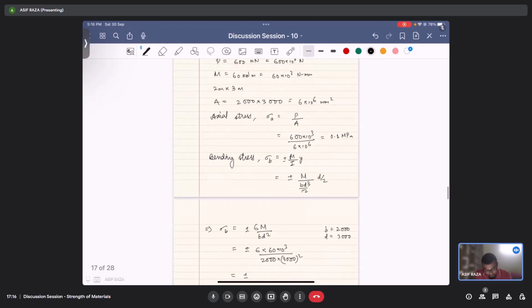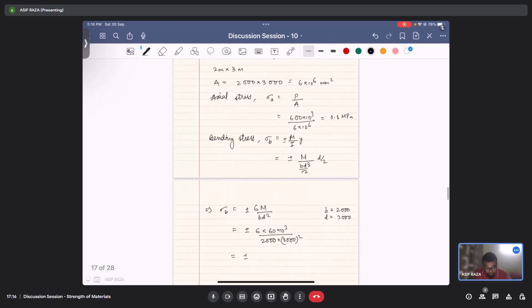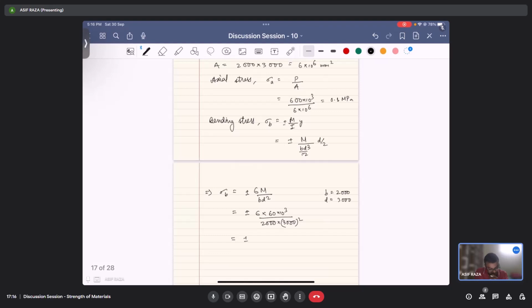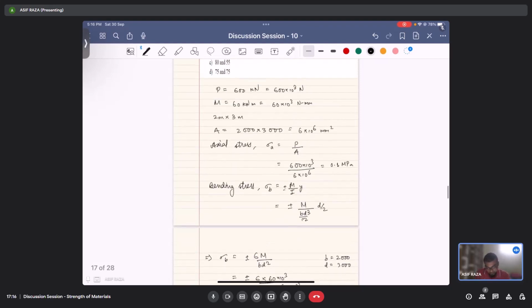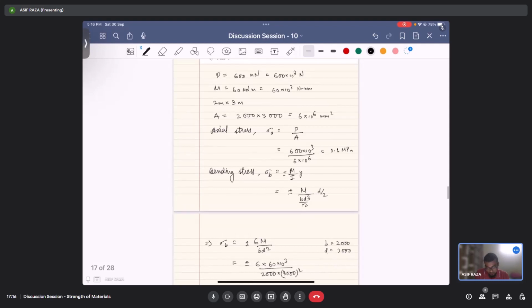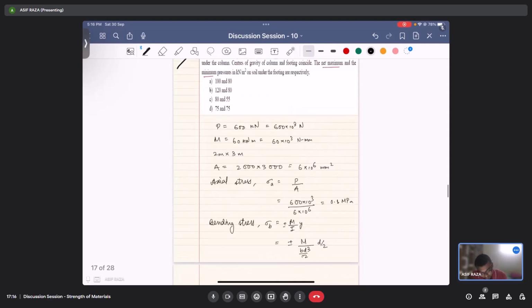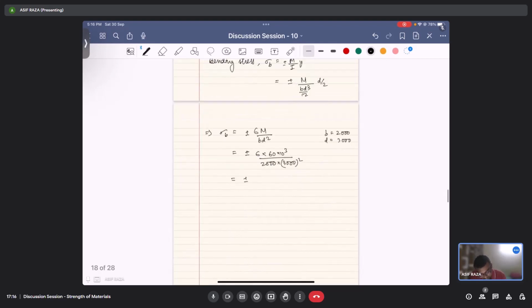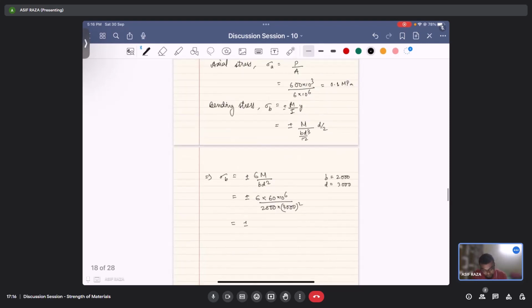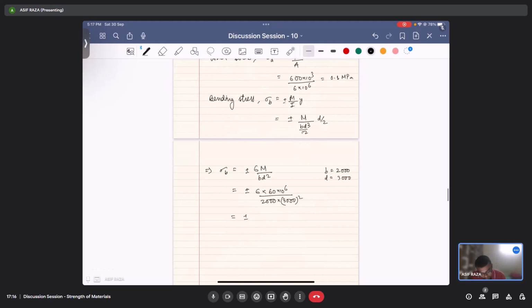So this is, okay. Yes, then, okay, this is 10 power 6, 10 power 6, and solving this we will get 0.02 megapascal.